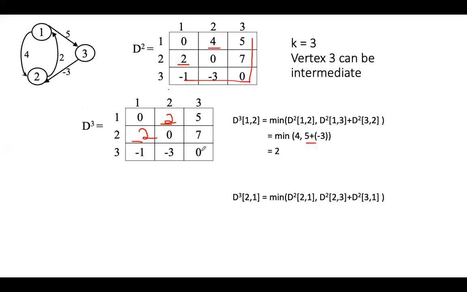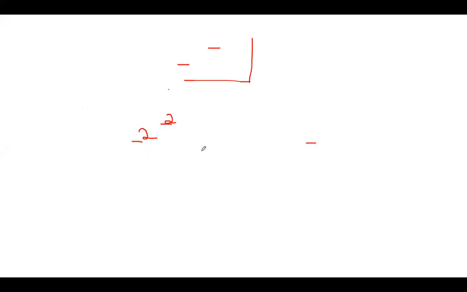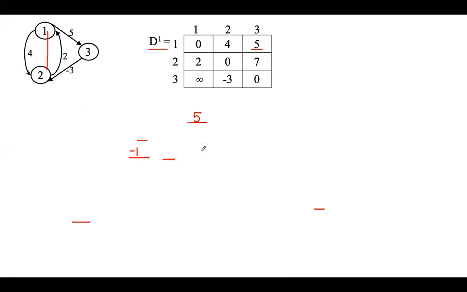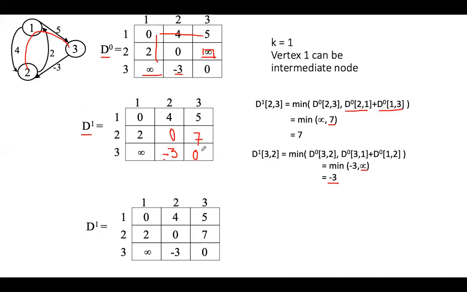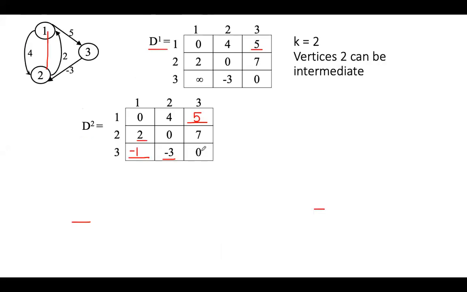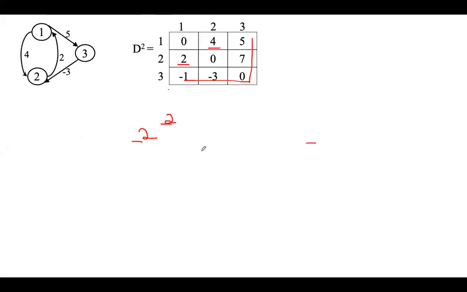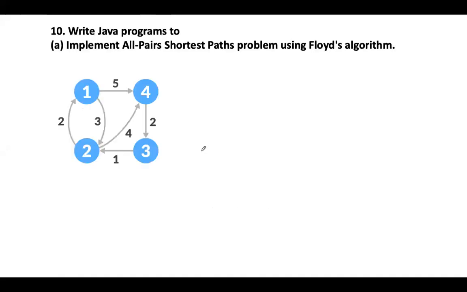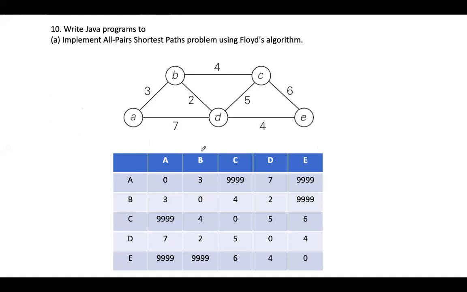So you have to do it step by step, starting from D0 as input, then D1, D2, D3, D4, and D5. In your case, you will get D5 for that particular graph. So you have to solve it manually like this, step by step, and then upload it to the Google Classroom.